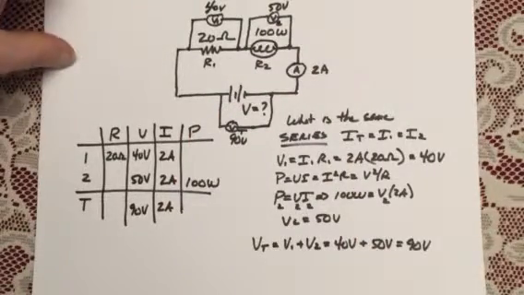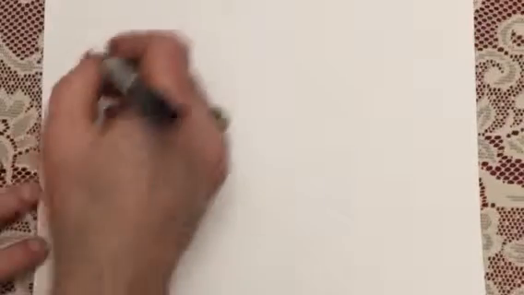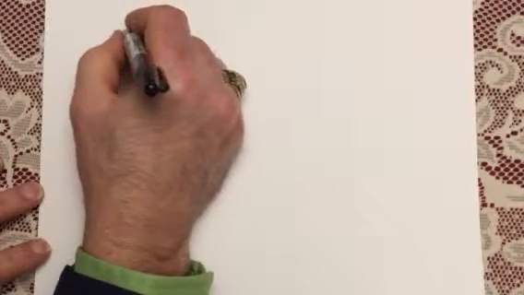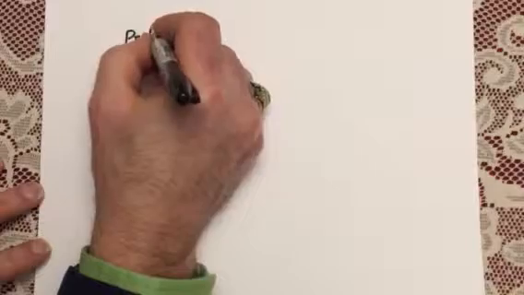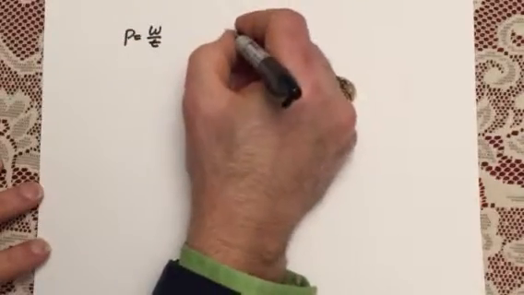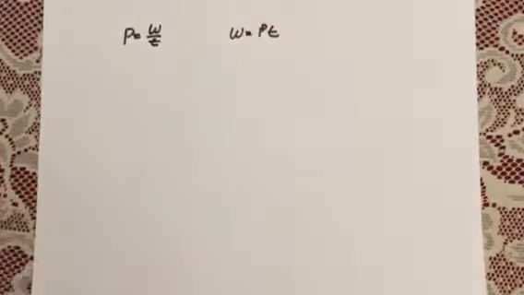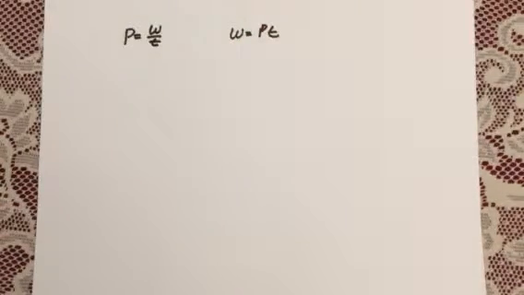One last quick thing. If you're asked about energy, it's actually a gift. Because remember, since your power is equal to your work or energy divided by your time, little cross multiplication, my energy is simply my power times my time. And I have a whole bunch of relationships I can put in there for power.